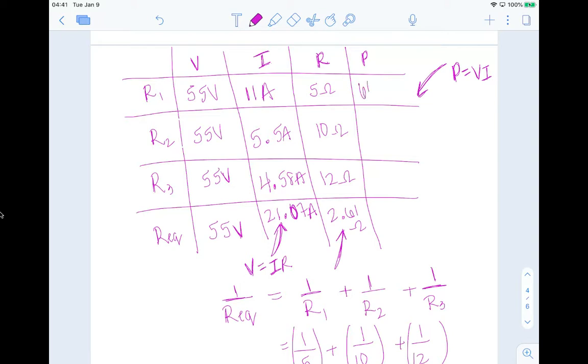So for the first, we get 605 watts, 302.5 watts for R2, 251.9 watts for R3, and 1,158.85 watts for our total power.